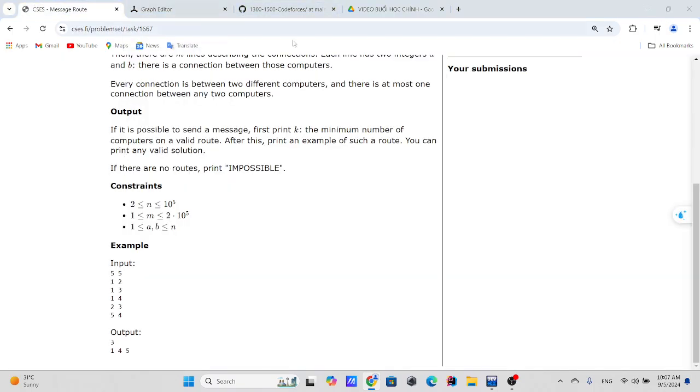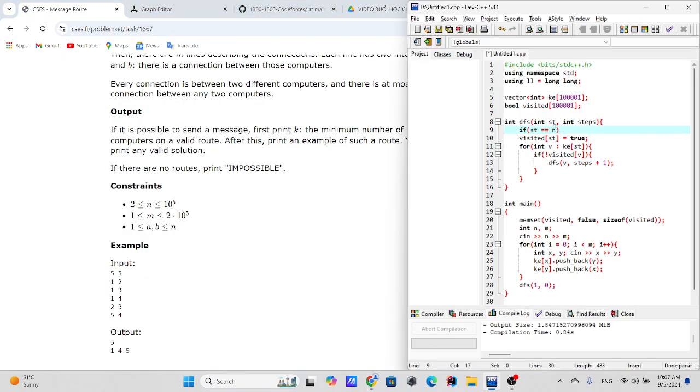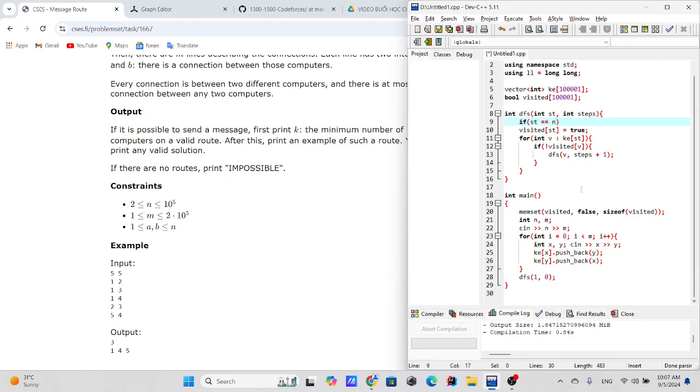If it gets to the last computer, then we will return one. Is it? Let me think through this. Steps. Get through the steps, right? 5 steps.